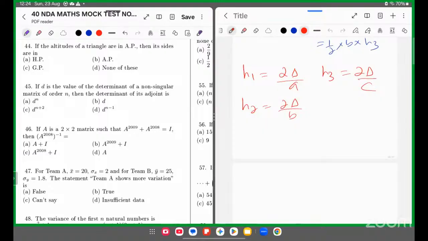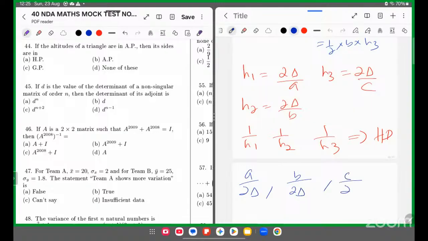If H1, H2, H3 are in AP, then the reciprocals 1 by H1, 1 by H2, 1 by H3 will be in HP. So what is 1 by H1? A by 2 delta, B by 2 delta, C by 2 delta.